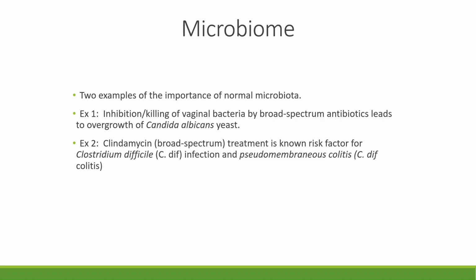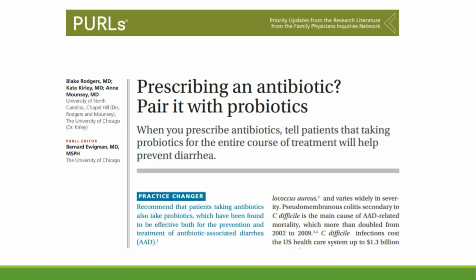And this is a bacterium that can cause severe diarrhea and pseudomembranous colitis, which is a severe inflammation complication of the colon. These examples show how normal microbiota help maintain balance and prevent harmful infections. And this is why it's become such common medical practice to recommend that patients take probiotics while on a course of antibiotics.